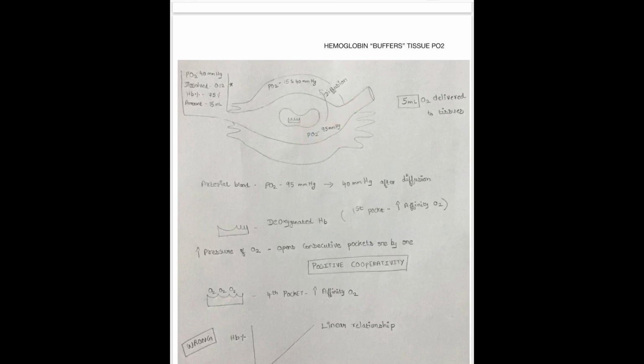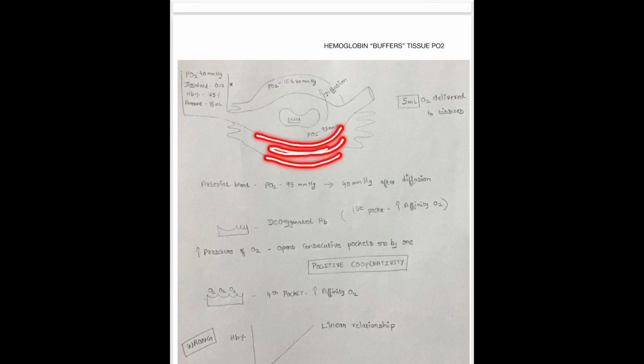In the interstitial space, this is a tissue of the muscle and this is capillary. The space between the capillary and the tissue is interstitial space, where you have interstitial fluid.